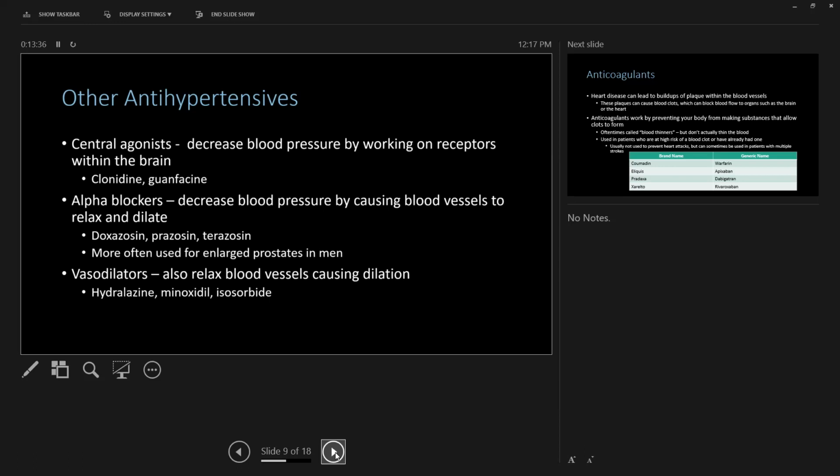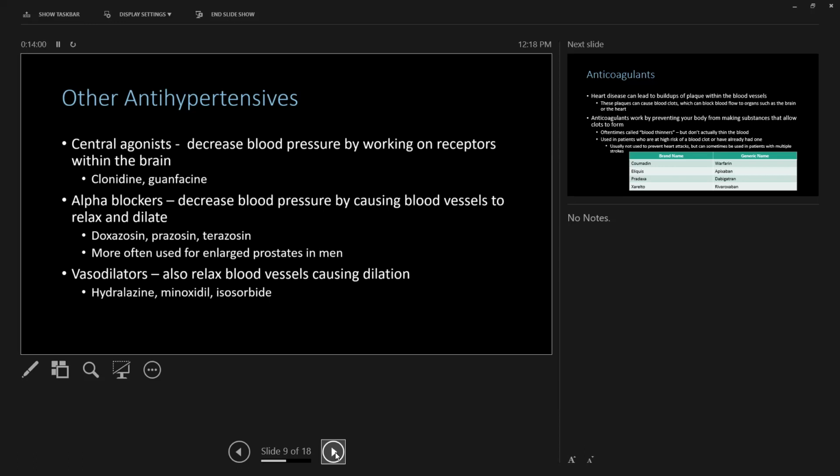So that can also be a benefit to patients that maybe can't remember to take something 2 to 3 times a day. Another older drug, very rarely used for blood pressure anymore, is guanfacine. You may hear or remember it, but it's usually not used very often, though it works very similarly to clonidine.